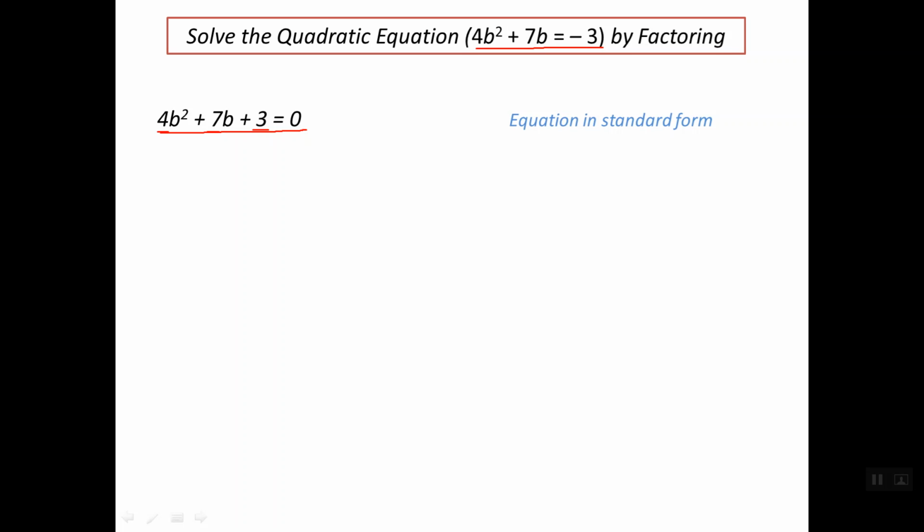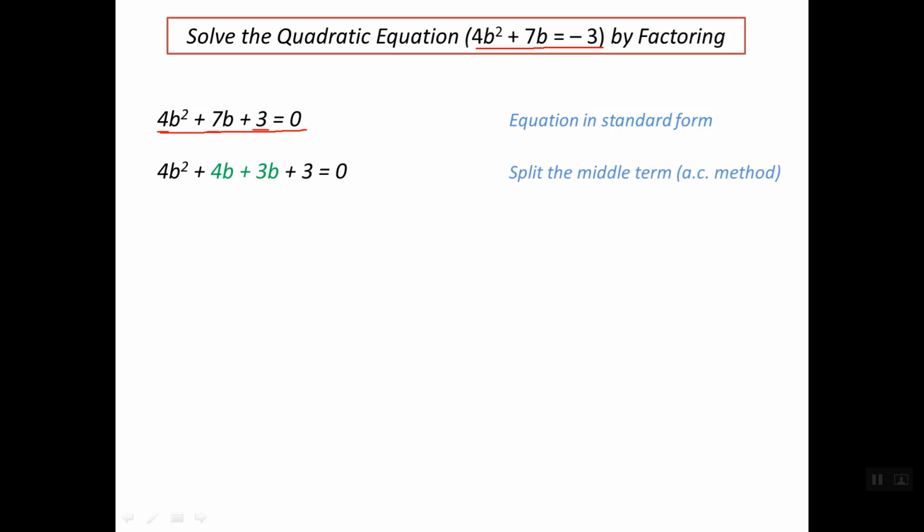So 4 times 3 is equal to 12. So we search for two numbers so that the product is 12 and the addition of these two numbers is plus 7. So the two numbers are simply 4 and 3.